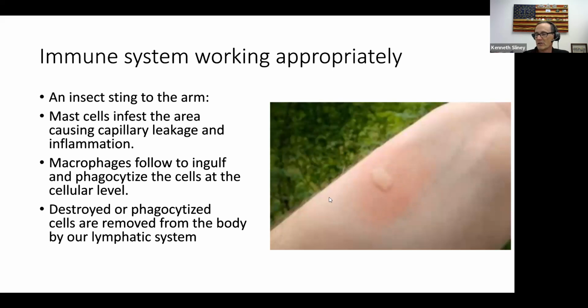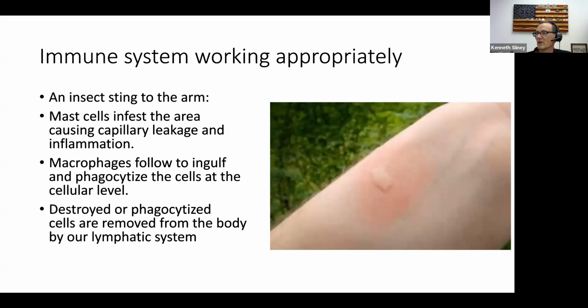The body does this to allow the larger macrophages to leave the circulatory system, go into the extracellular tissue, and destroy or phagocytize the antigen. Or it could be a pathogen, it could be an antigen.